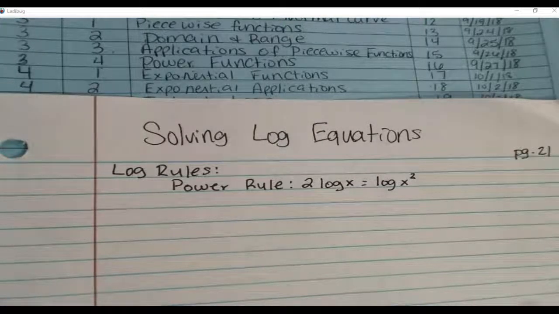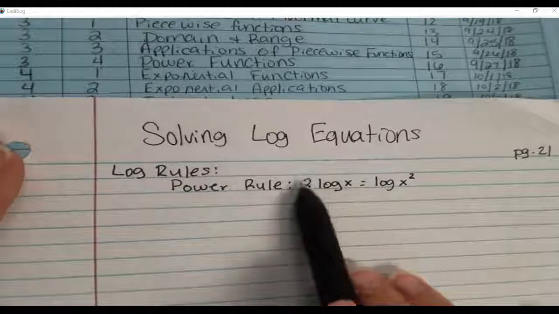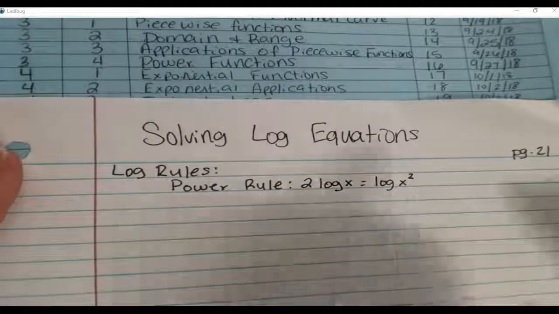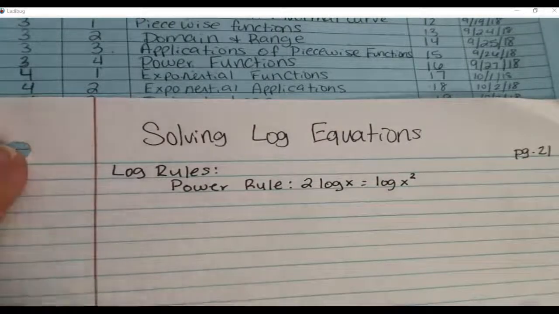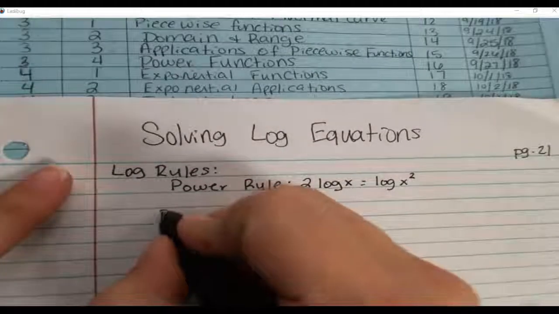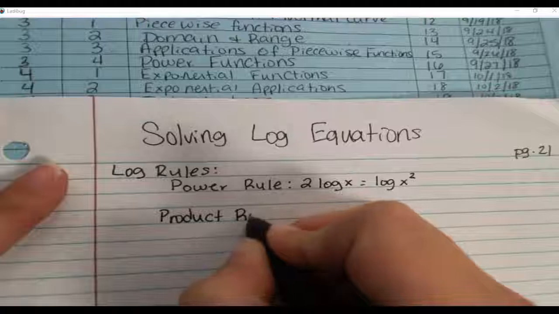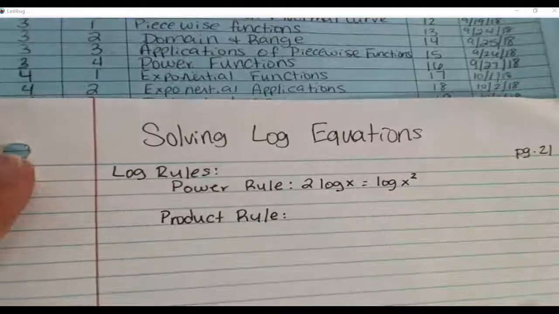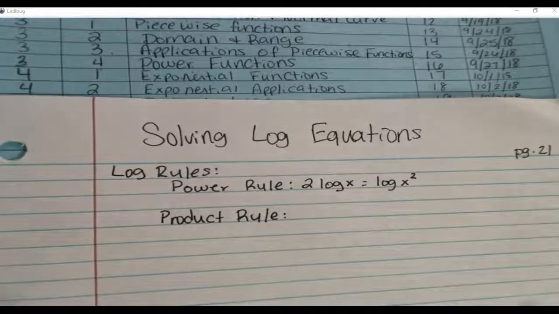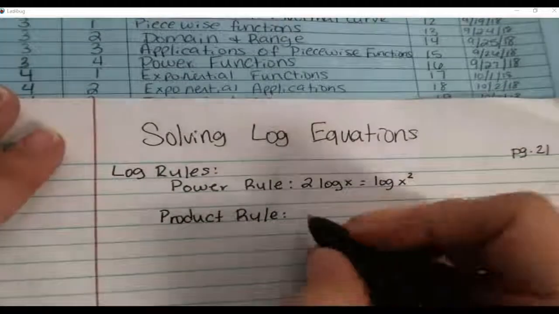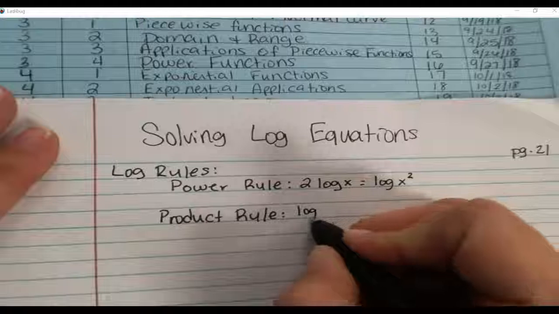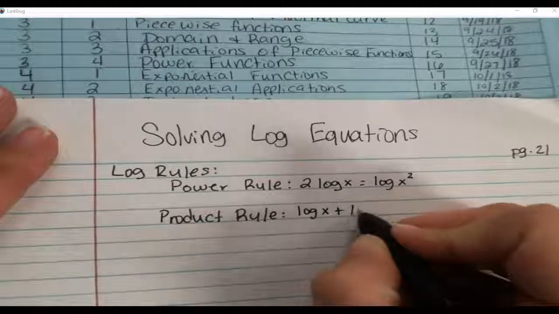And if you think about your exponent rules, when you have a power to a power, you multiply. So here, multiplication becomes a power. So then our next one is the product rule. So the product rule, we might have log of x plus log of y.